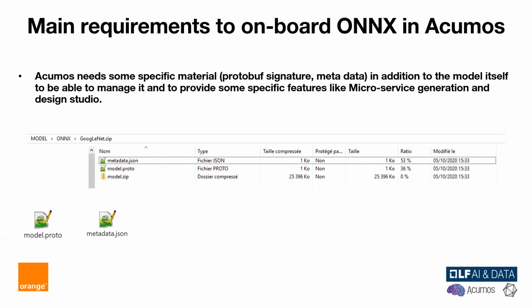And Acumos also needs some metadata, mainly the dependencies required by the model to transform the model as a serving model. These different files are packaged in a model bundle, and it is this model bundle that is onboarded in Acumos, not only the model itself. You must onboard the model plus the protobuf signature plus the metadata file.